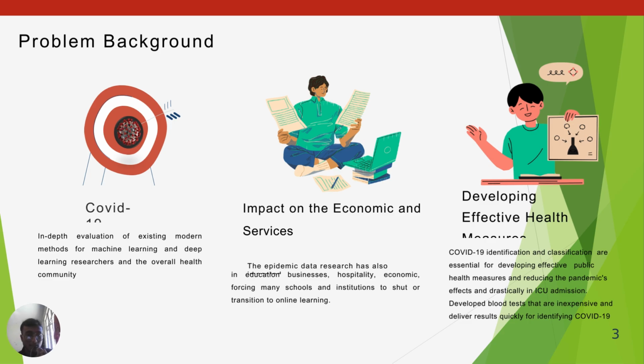In this case, we know that COVID-19 identification and classification are essential to developing effective public health measures to reduce the drastic effect on ICU admission, especially. It was developed from the blood test and the results themselves. We are going to modify and analyze it from the doctor's prescription and also from the machine learning results.